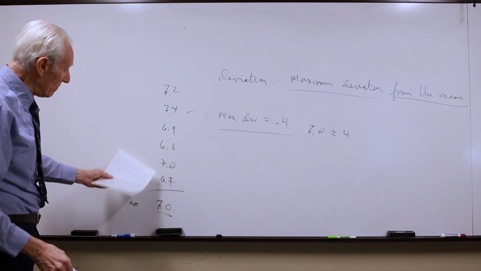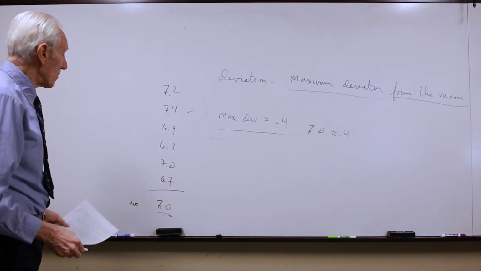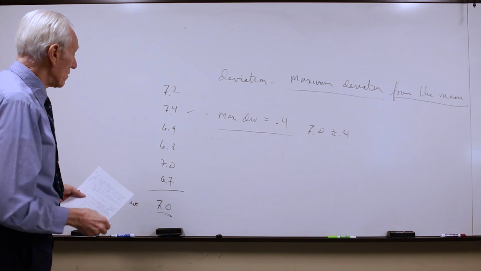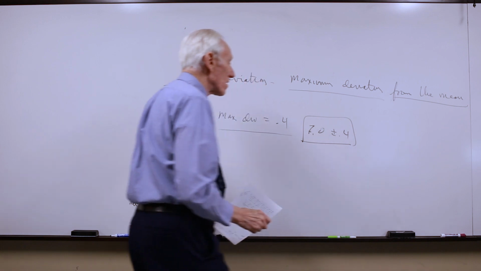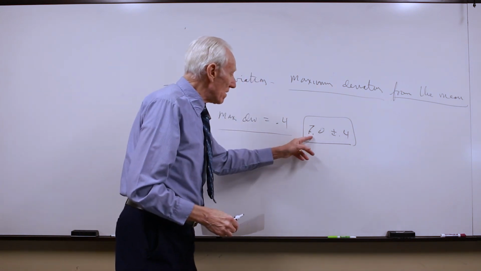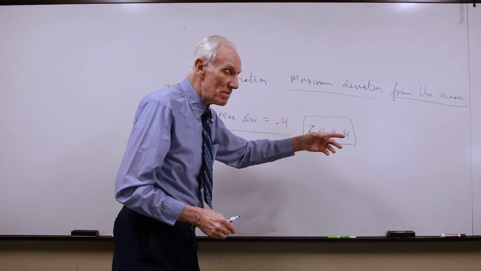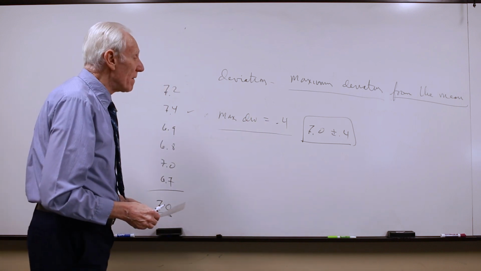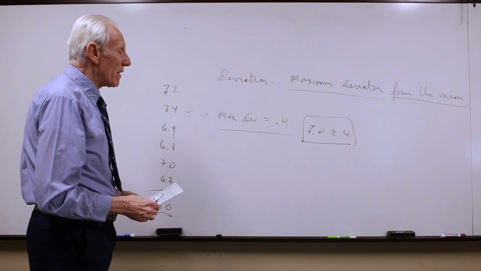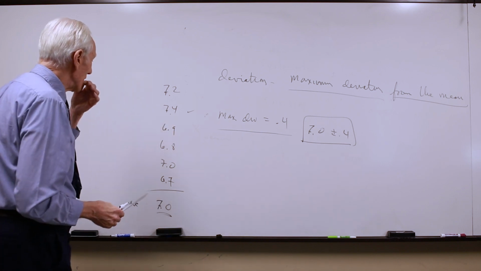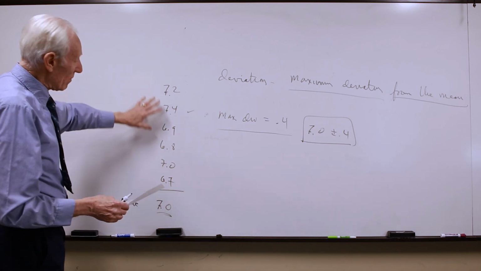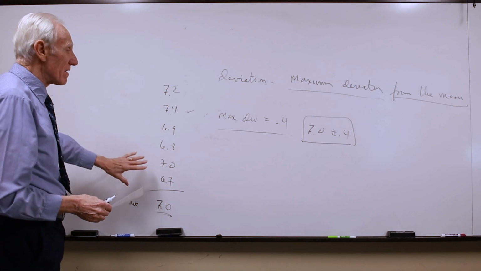Some numbers are above 7.0 and some numbers are below 7.0, and so pretty much evenly distributed. So here would be my reported value of the value plus or minus, because it's a random error, 0.4, which is the maximum deviation. That's kind of what you're stuck with when you only have 3 or 4 or 5 or maybe even 6 values like this.